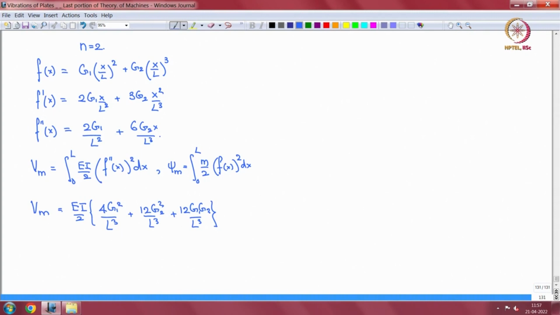And my psi m looks like m by 2 into [G1 square L by 5 plus G2 square L by 7 plus twice G1 G2 L by 6].